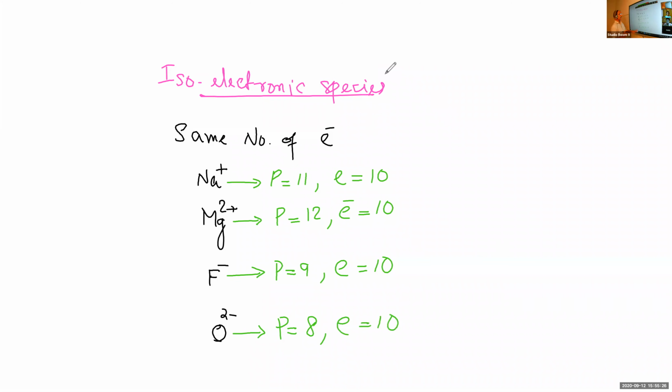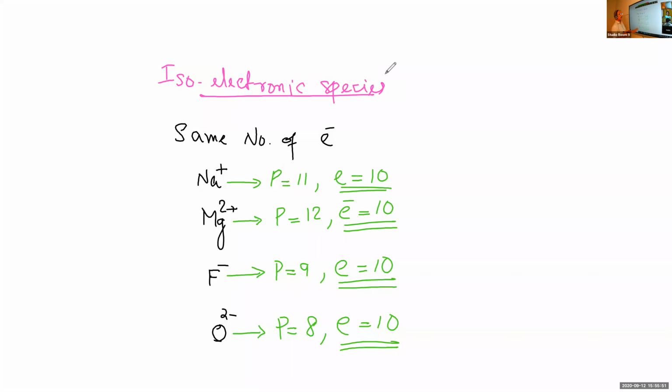Now you compare the number of electrons in all these species: Na plus, Mg plus 2, F minus, O minus 2, etc. In all these cases, the number of electrons will be the same. And the species with the same number of electrons are known as isoelectronic species.